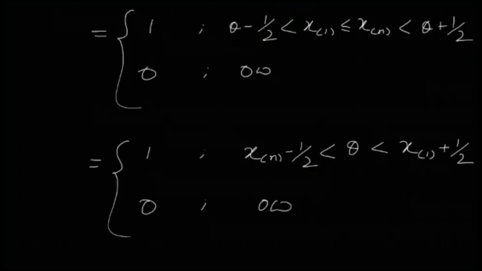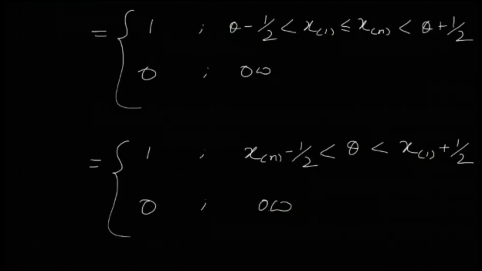So the likelihood function is 1 if theta belongs to X order n minus half to X order 1 plus half, and 0 otherwise. This is the interval on which the likelihood function is 1, and otherwise it is 0.